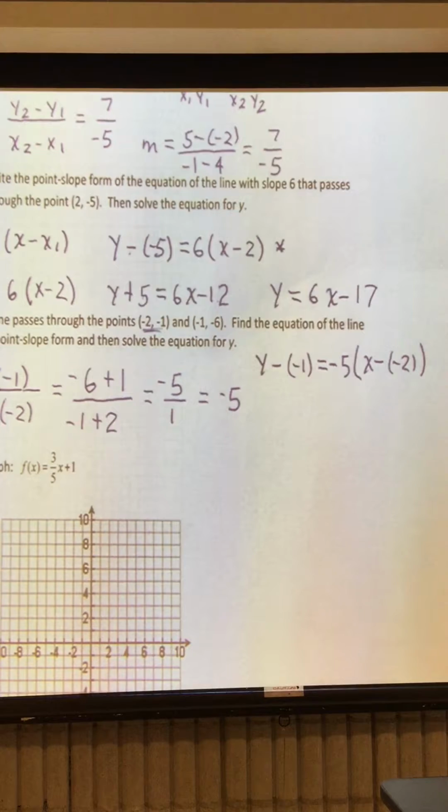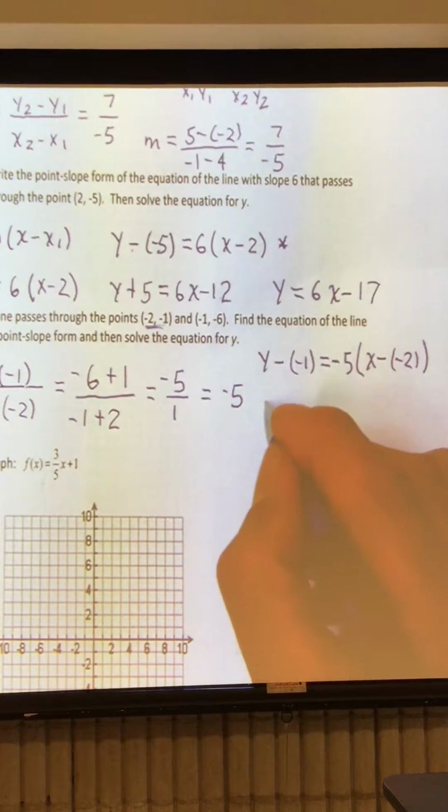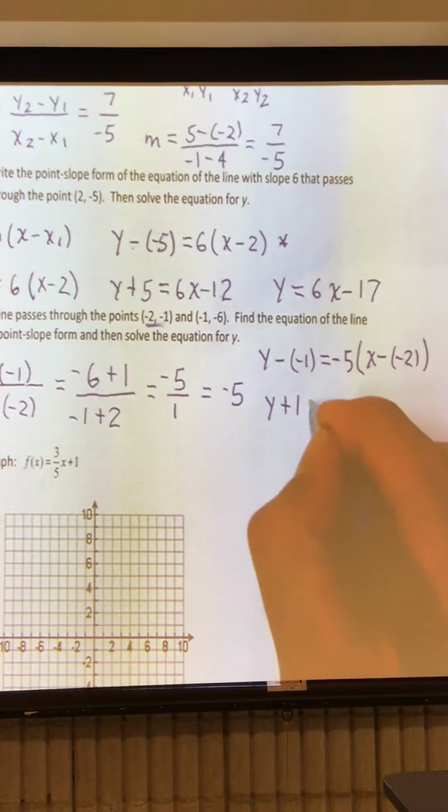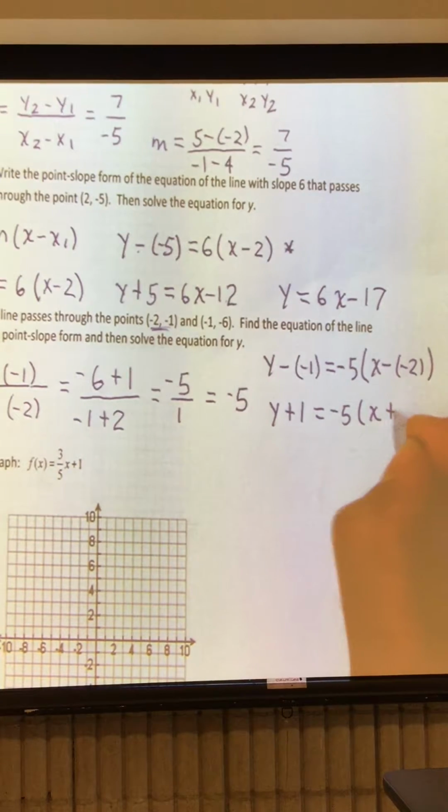And since we wish to solve this equation for y, we'll have to push through and simplify this result. So y plus 1 is equal to -5 times x plus 2.